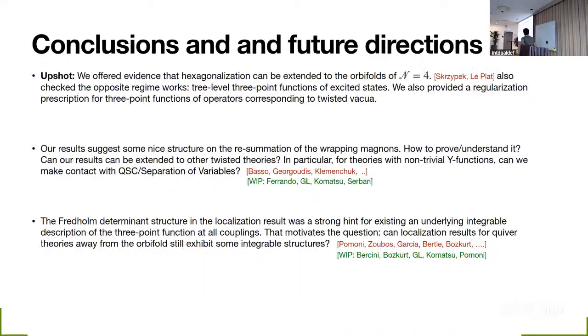So the conclusion is just that we offered some evidence that hexagonalization can be extended to orbifolds of N equals 4. A recent paper, also by Torben and Dennis, checked the opposite side, the two-level triplet functions for excited states, and they also find an agreement with just weak contractions.